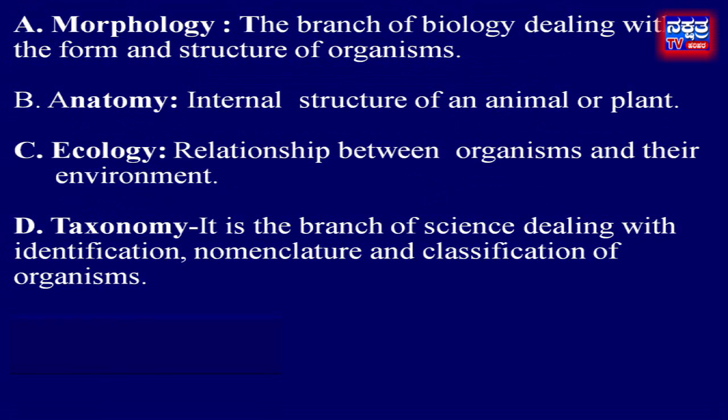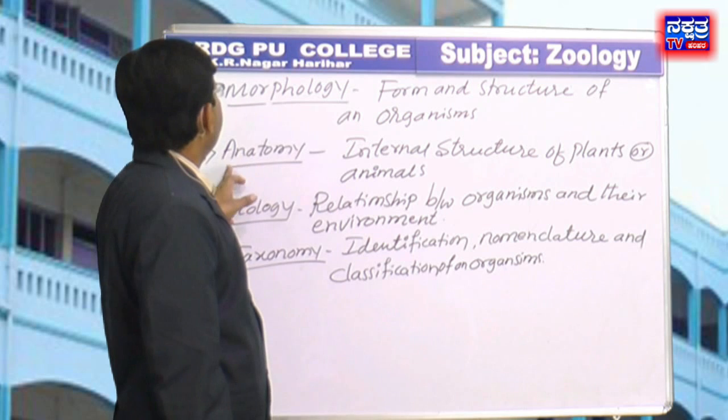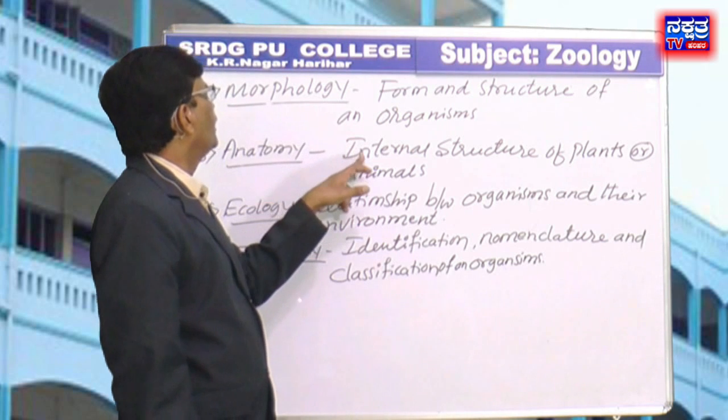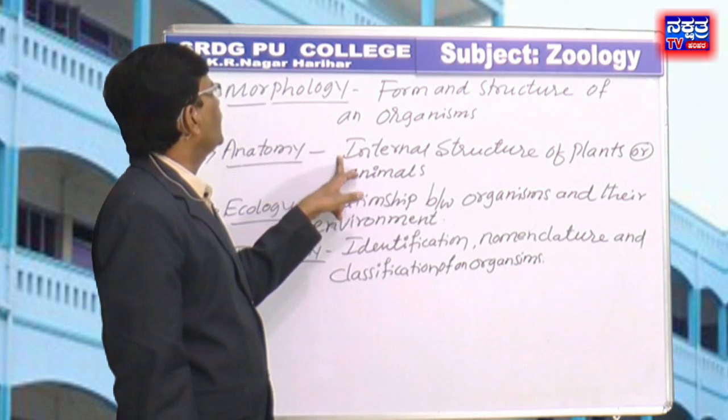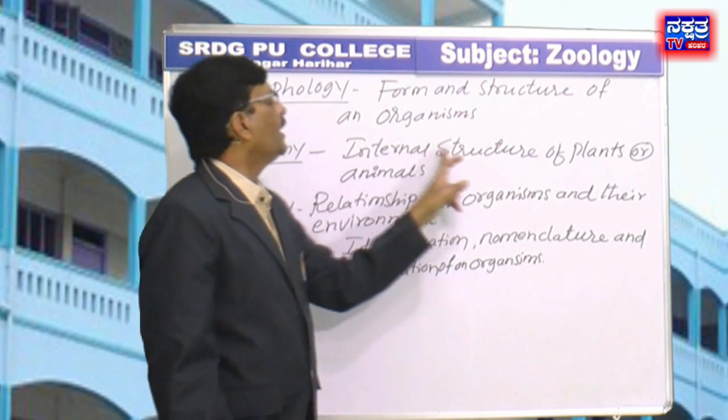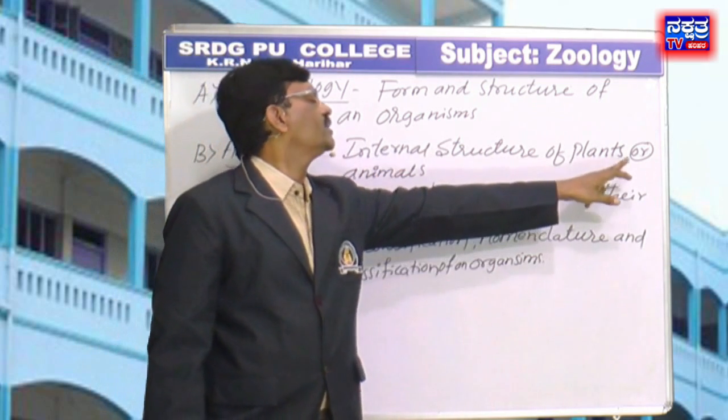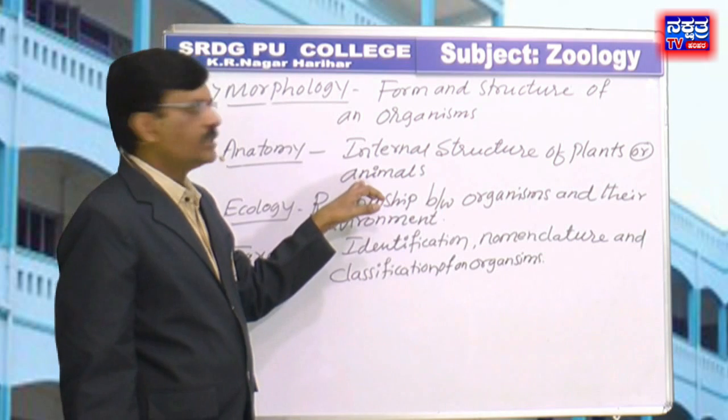In the given options, Morphology, A, is the form and structure of an organism. B, anatomy. It is also a branch of biology. It deals with study about internal structure of plants or animals.